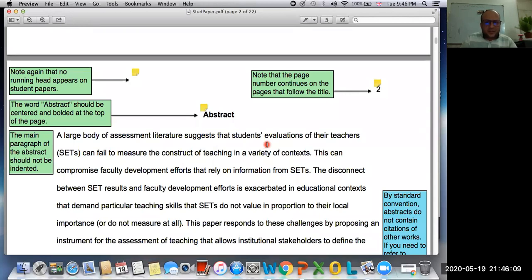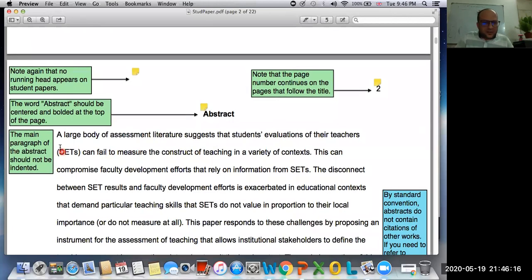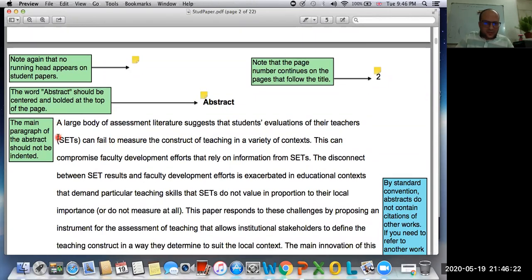We talked about this. And you should not indent this. Just write it as one block without any indentation. No, it should be one block, written in one block.